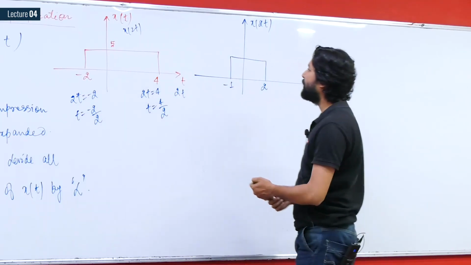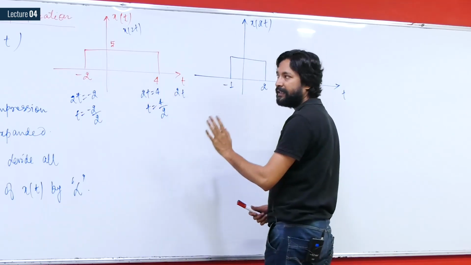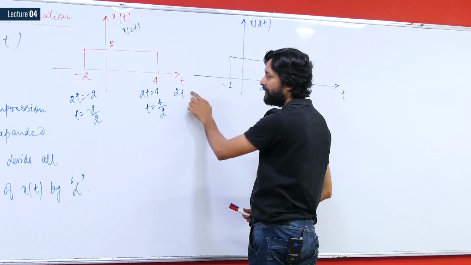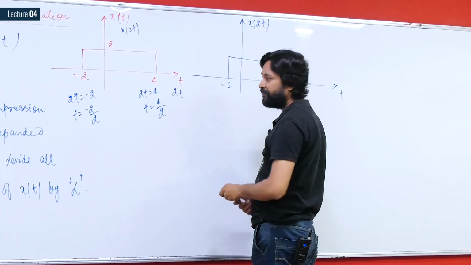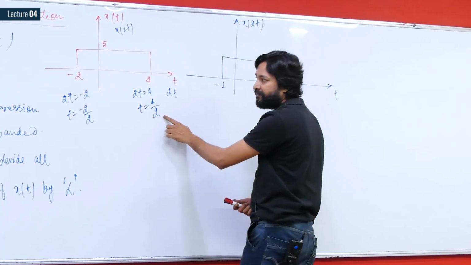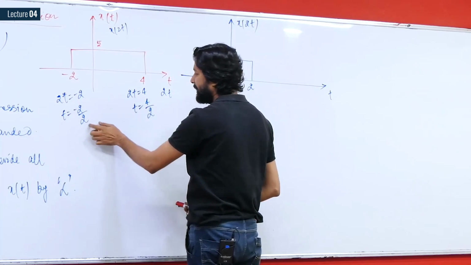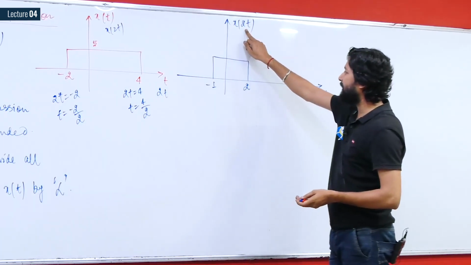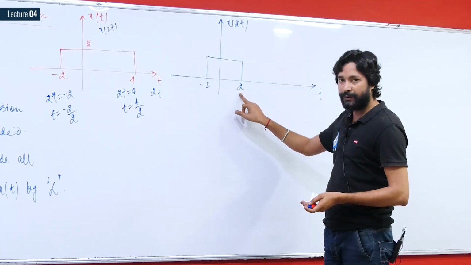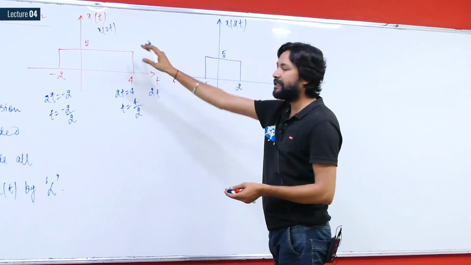If you plot x of 2t with respect to 2t, the graph would be the same, but now you have to plot it with respect to t only. If 2t equals 4, then t equals 4 by 2, and if 2t equals minus 2, then t equals minus 2 by 2. Therefore, x of 2t with respect to t exists from minus 1 to 2, but the value remains 5 as earlier.